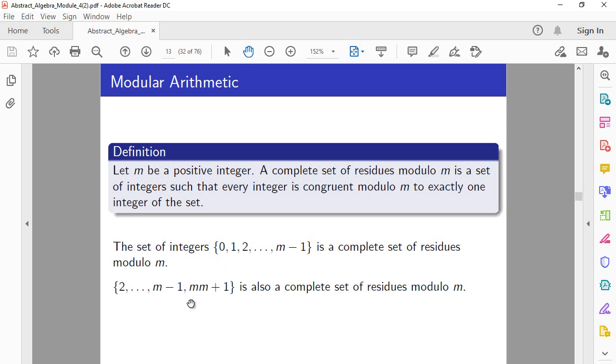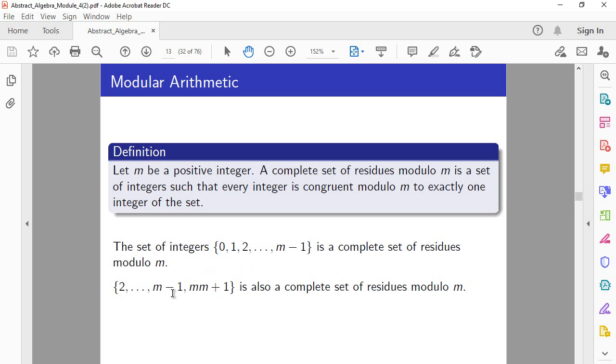Here is another complete set of residues mod m. If I look at all the integers from 2 all the way up to m plus 1, then that's also a complete set of residues modulo m, because m is taking the place of 0, and m plus 1 is taking the place of 1.